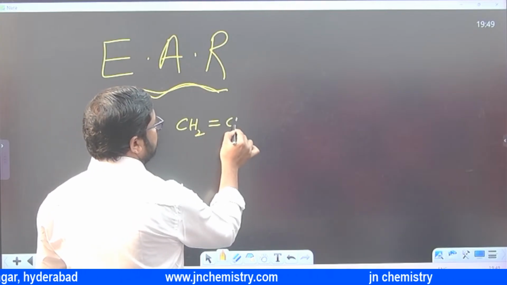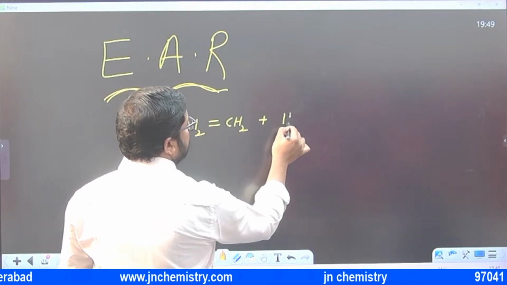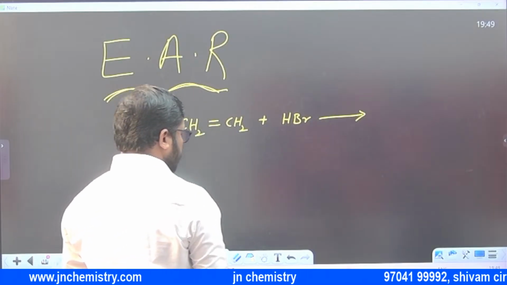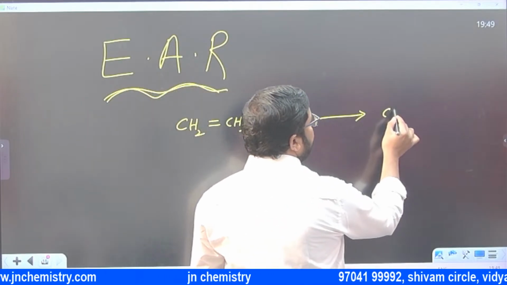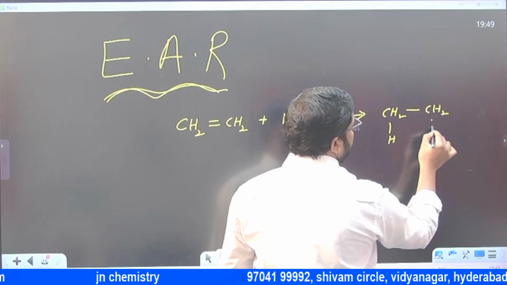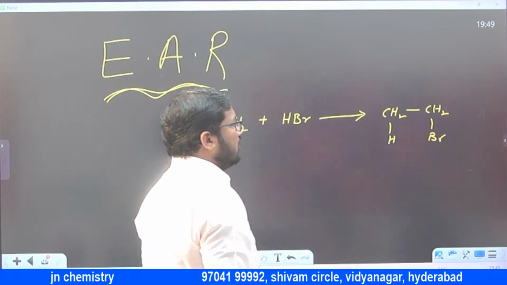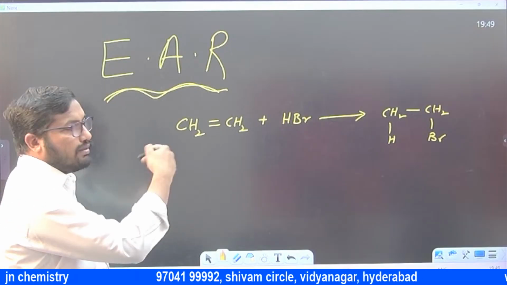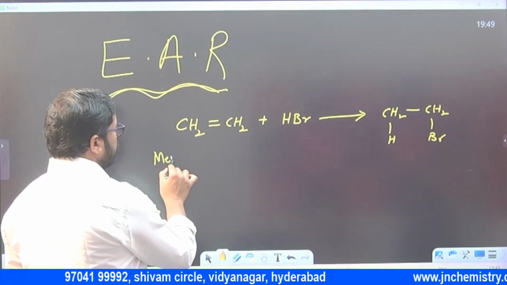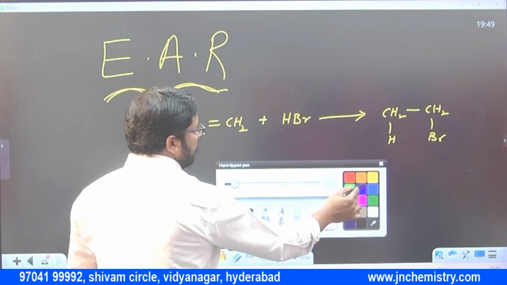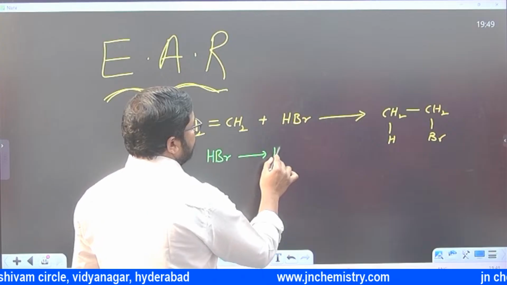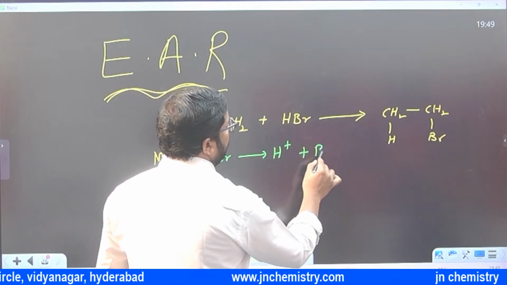Electrophilic addition reaction: CH2 double bond CH2 plus HBr, for example, HBr, H2O, whatever it may be. So the symmetrical alkene. Alkenes are of two types only, okay? The product is CH3 CH2 Br. In an addition reaction, the double bond will become a single bond. The mechanism: first HBr undergoes H plus and Br minus.